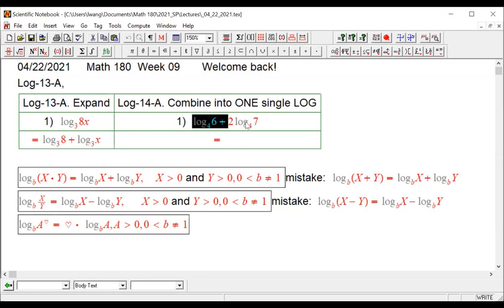Now, before we combine these two into a single log, we have to use power rule. Okay, so the base 6 and base 4, sorry. And you need to bring this 2 inside. So that's log base 4 of 7 to the power 2.